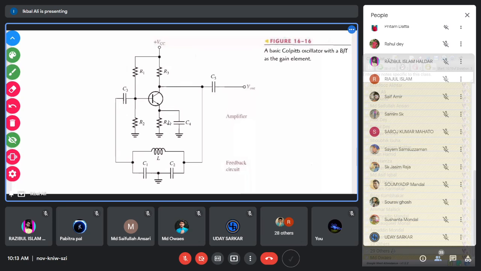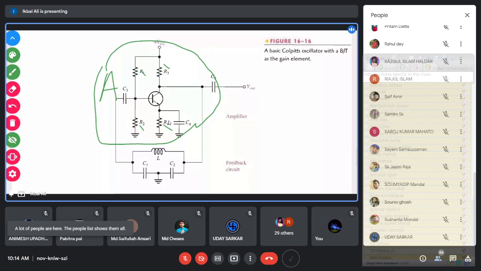You see that every oscillator has the amplifier as well as the feedback network. This is the amplifier section, your amplifier A. It is a small signal CE amplifier, where this is R1, this is R2, and instead of RC you have R3, and this is RE.